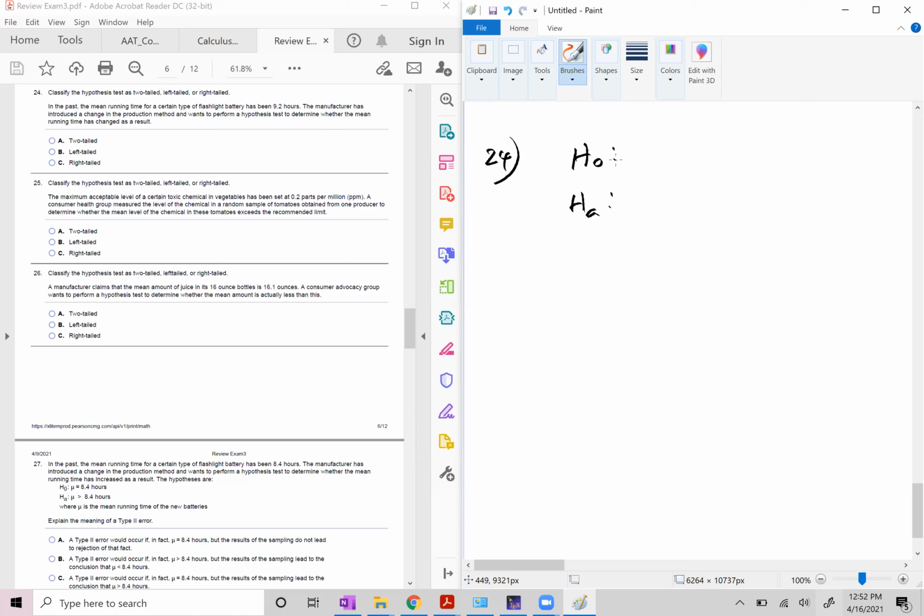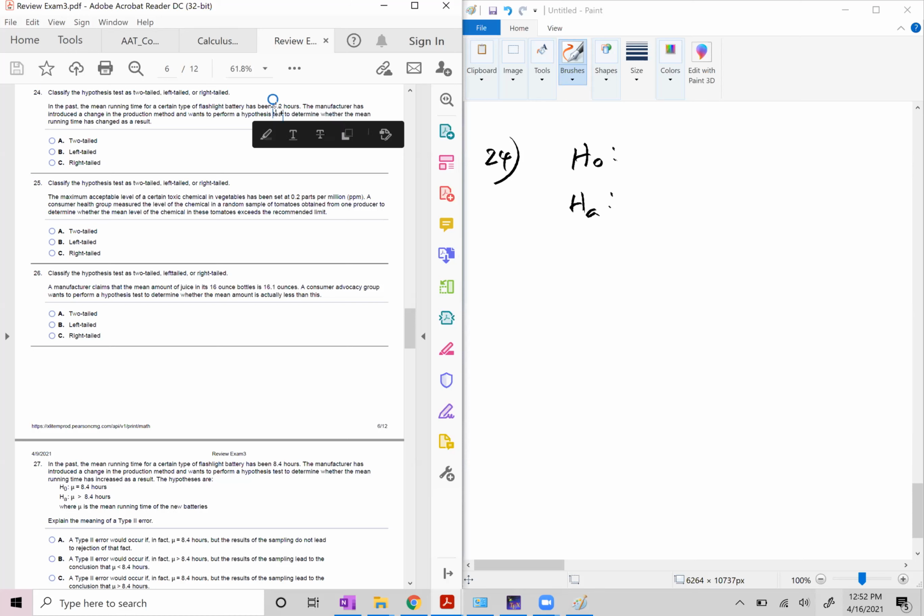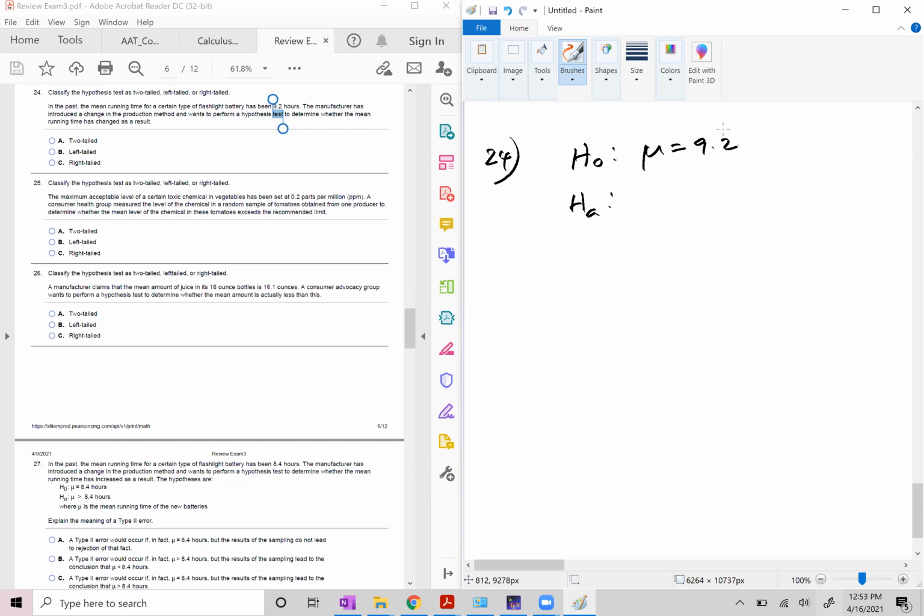In the past, the mean running time for a certain type of flashing battery is 9.2 hours. Okay, so the mean running time was 9.2 hours, so that should go to the null, right? Now let's see what's happening. The manufacturer has introduced a change in the production method and wants to perform a hypothesis test to determine if the mean running time has changed as a result. Note the difference now.